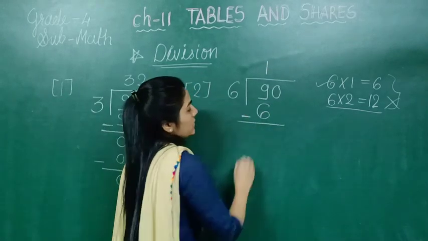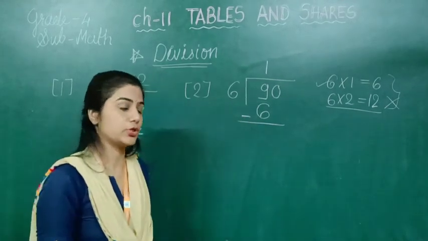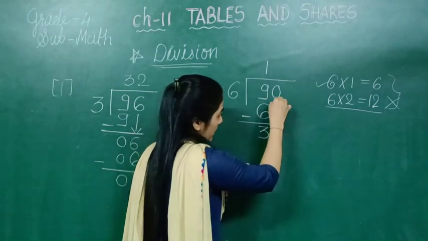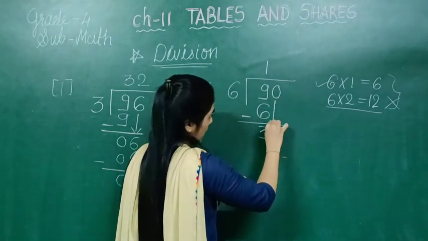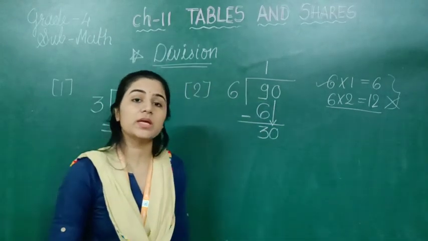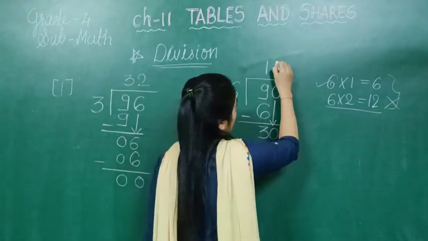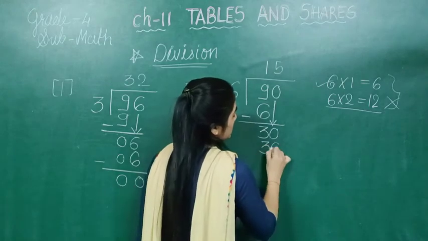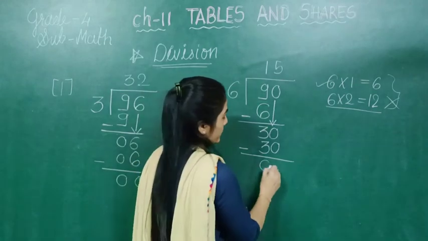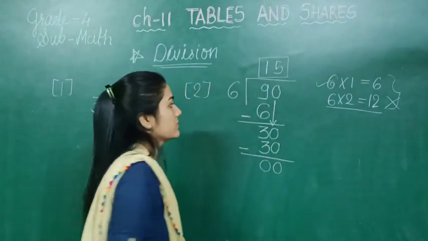Now subtraction we have to do. Don't forget to put the sign of subtraction. 9 minus 6, 3. The remaining digit, which is 0, we put down. So 30 we are getting. Now 30 in the table of 6, 6 5s are 30. So 30 minus 30, 0. So 15 we are getting as the answer, right?